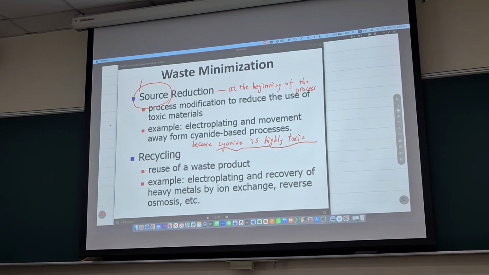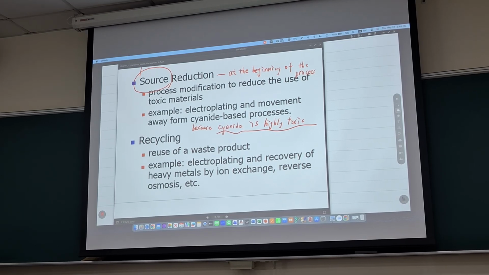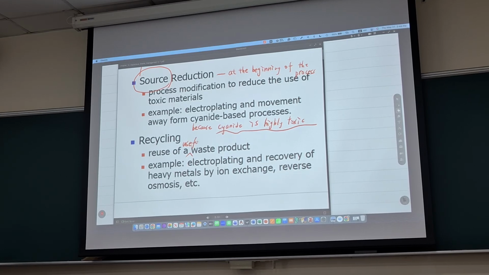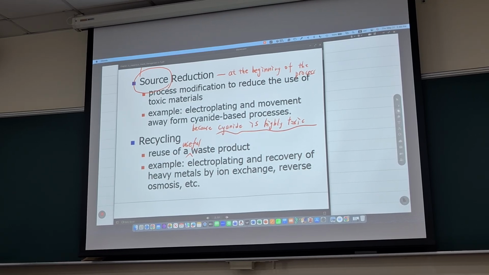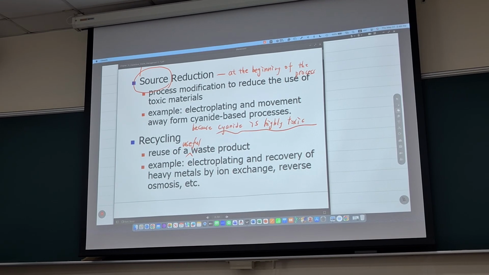Number 2, recycling. Which means if you can reuse or recover some useful waste. But if this is not useful, then forget about it. Don't waste your time to recycle it.